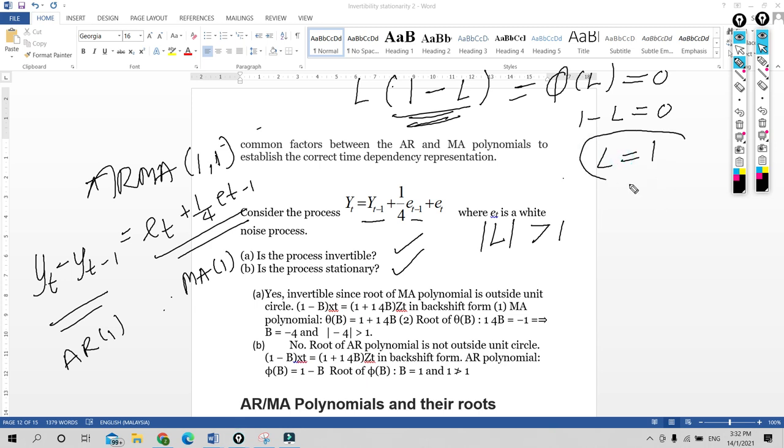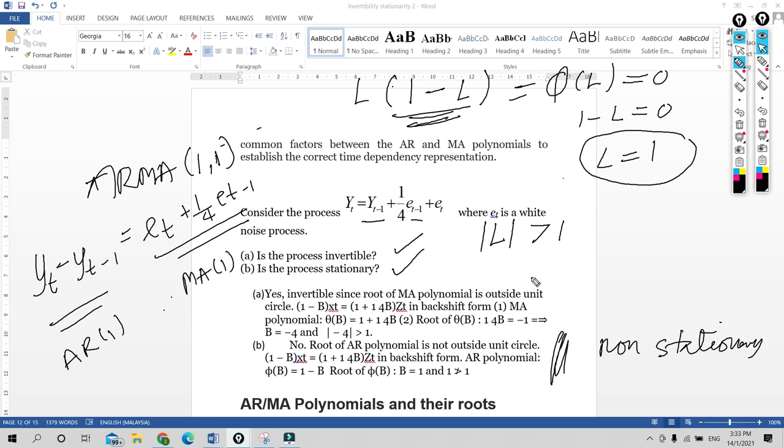If L is equal to 1, this cannot be considered stationary data. The process here is not stationary, it is non-stationary, because the unit root here is equal to 1. By definition, if the unit root is equal to 1, it cannot be considered stationary.